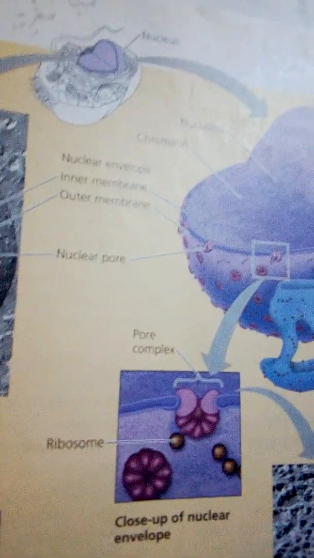Once an mRNA molecule reaches the cytoplasm, ribosomes translate the mRNA's genetic message into the primary structure of a specific polypeptide.